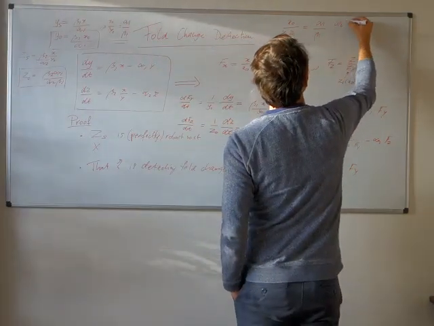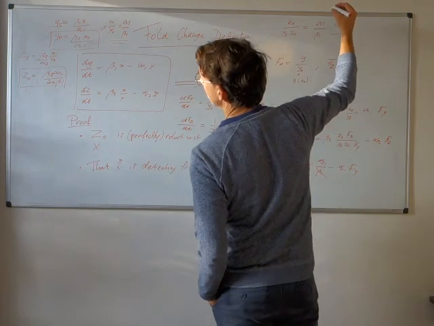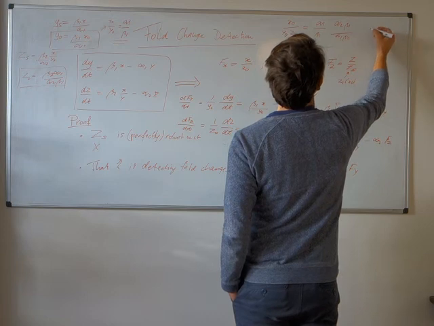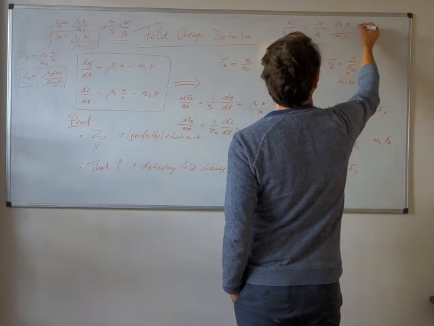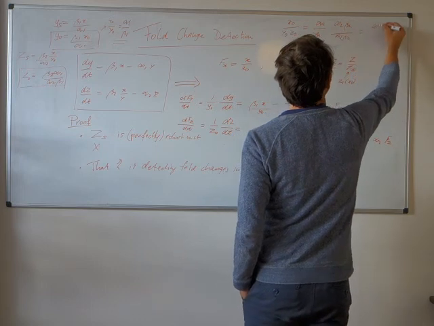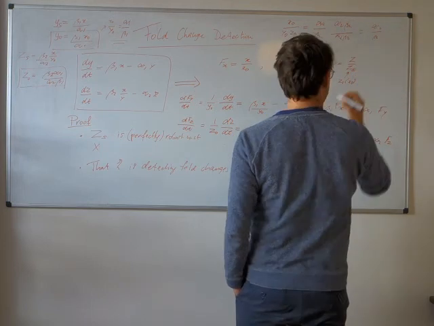So that is alpha 2 beta 1 over alpha 1 beta 2. So it's alpha 2 divided by beta 2.